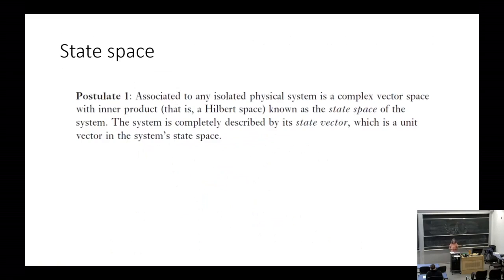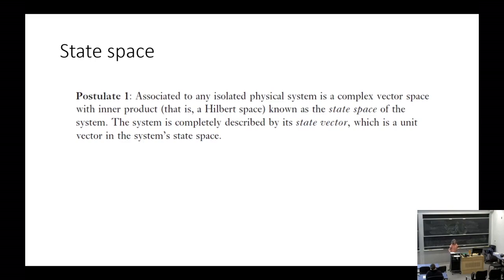Okay, so the goal is to get a good working grasp of not all the postulates of quantum mechanics, but only the ones that we really need to understand quantum information. And so we'll start with the first postulate of quantum mechanics, which is all about the state space. It sets up the arena in which quantum mechanics takes place, and that arena is our friend, the Hilbert space.